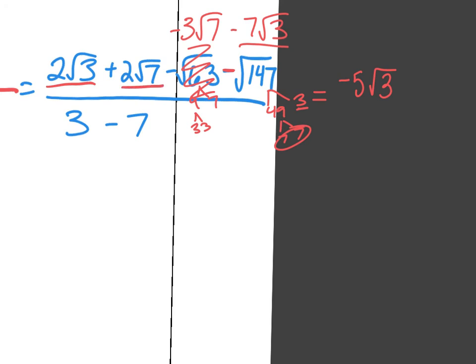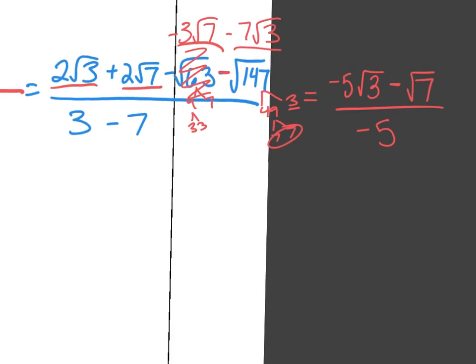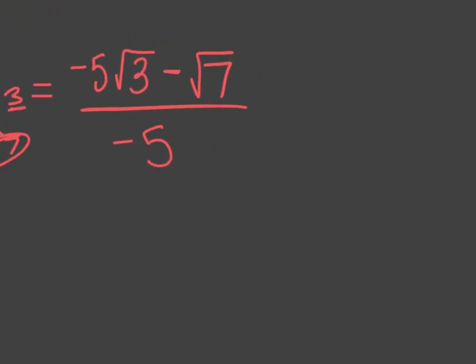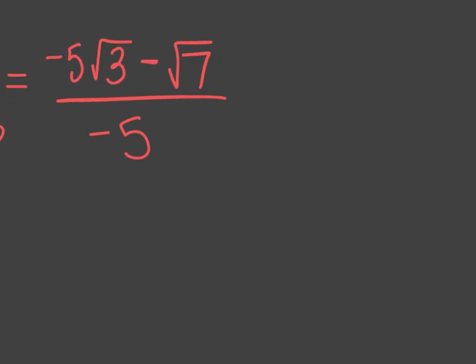And then 2 square roots of 7 minus 3 square roots of 7, minus the square root of 7. Okay. 3 minus 7. Negative 5. That is as simple as this one will go. The only thing you could do on this one is I noticed that all of these are negatives.